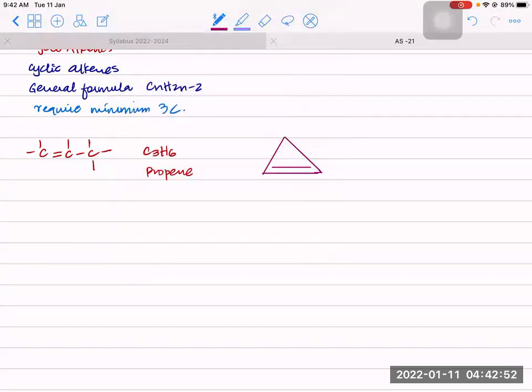Now, you see this carbon right here? It is making 1, 2, 3 bonds, so the fourth will be a hydrogen. This one is making 1 and 2 bonds, so third and fourth will be hydrogen. This one is making 1, 2, and 3 bonds, so the fourth will be a hydrogen. And this becomes C3H4.